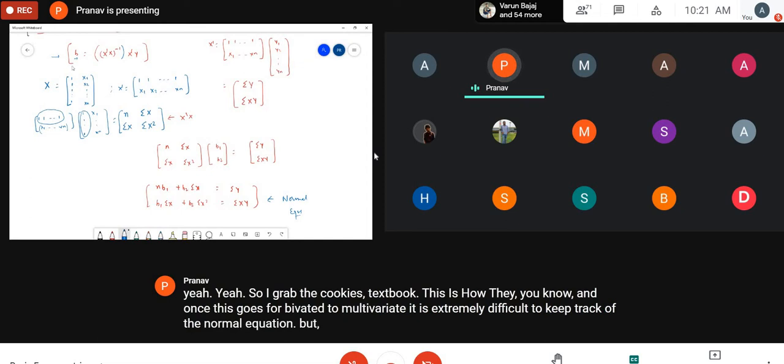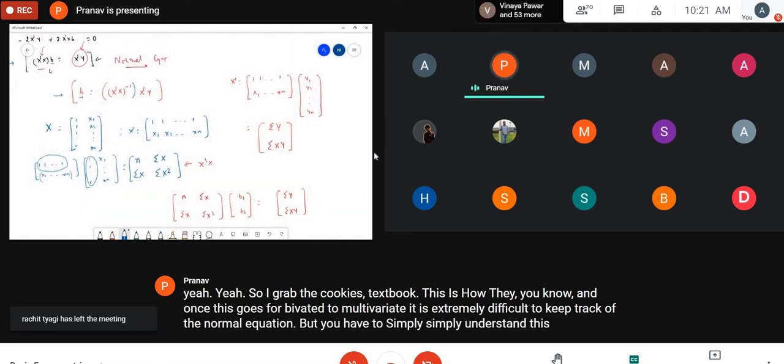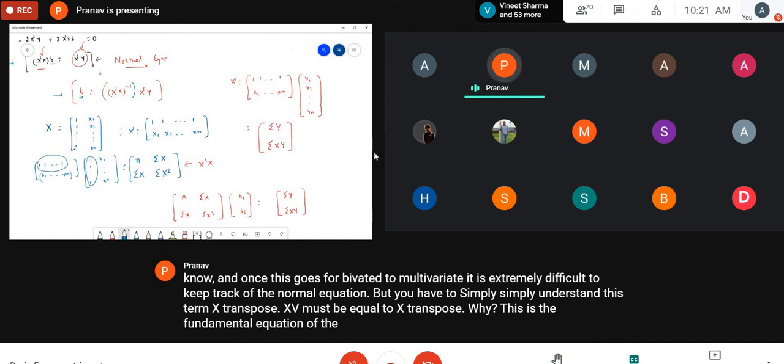But you have to simply understand this term: X transpose X b must be equal to X transpose y. This is the fundamental equation of least squares, and it is called the normal equation.